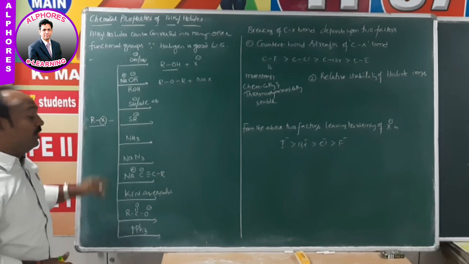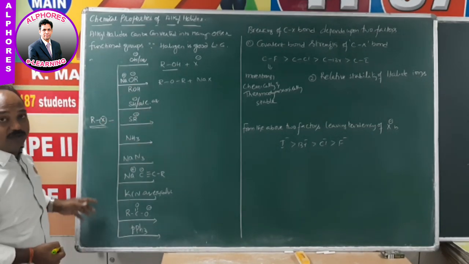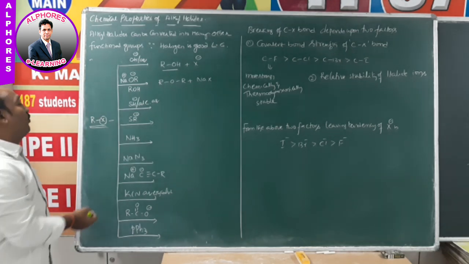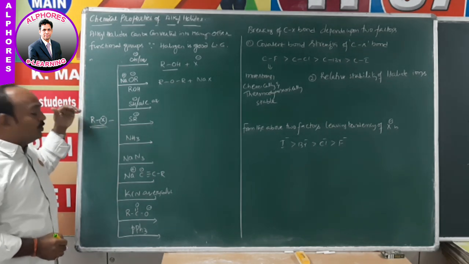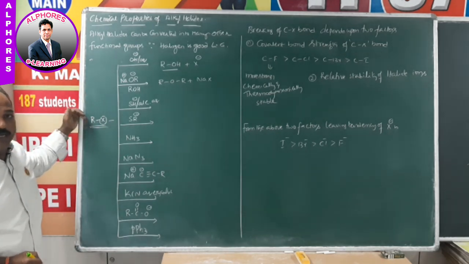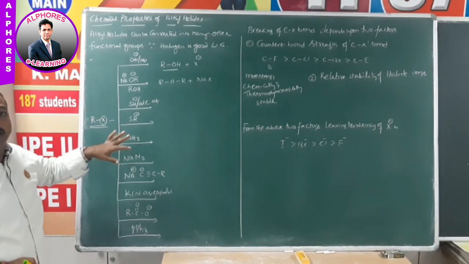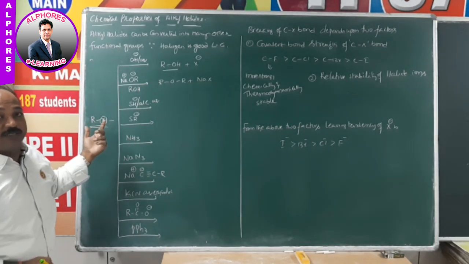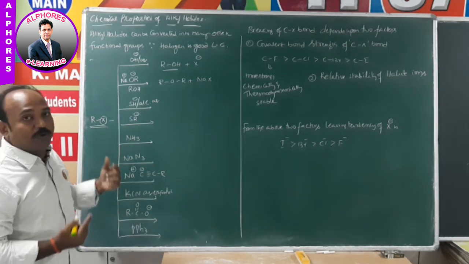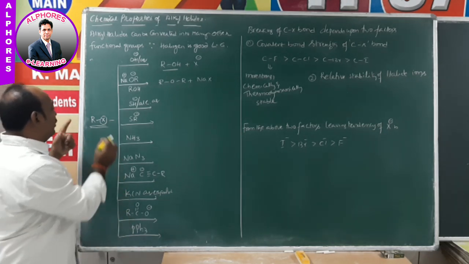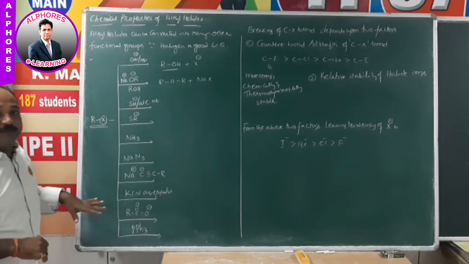So all these reactions are what we call nucleophilic substitution. Why? One nucleophile is displaced by another nucleophile. For all these nucleophilic substitution reactions, we preferably use aqueous alcohol, both solvents, because alcohol can mix with water in all proportions, and hence the alkyl halide and the ionic substance can both be dissolved there.